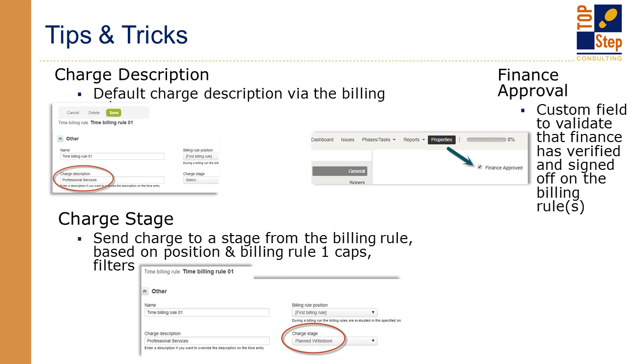And that could follow any sort of process. You can certainly set up permission rules so that you don't allow time entry unless finance has approved it, and then finance checks the box to allow time entry on the project. But having something there as a custom field to verify that a set of eyes have been on it and have validated the information is certainly not a bad idea.